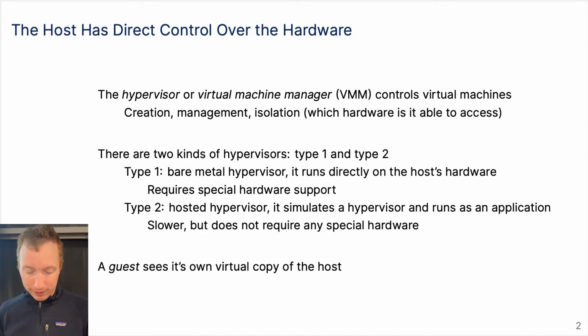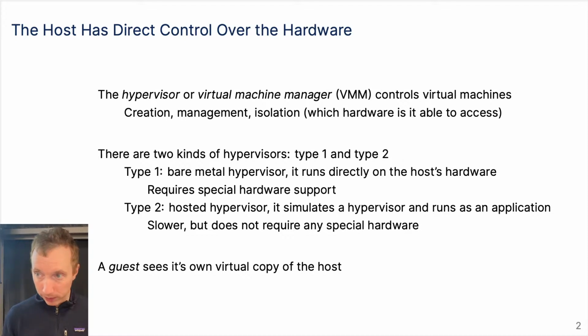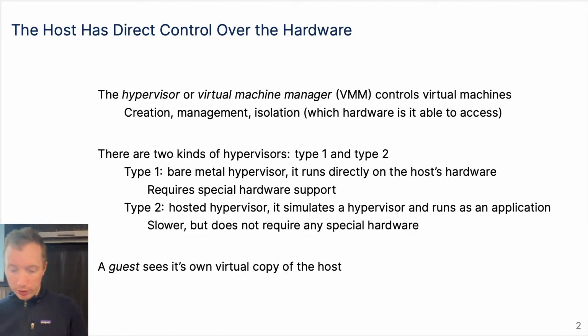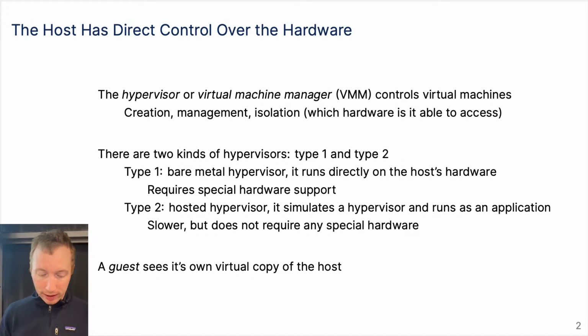So there are two kinds of hypervisors that you'll see pop up, called creatively type 1 and type 2. Type 1 is a bare metal hypervisor that runs directly on the host hardware, so it requires some special hardware support that we'll see. And then type 2 is essentially a hosted hypervisor that just simulates what a hypervisor would do.